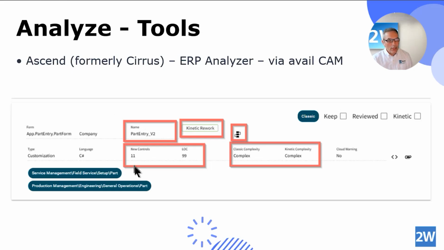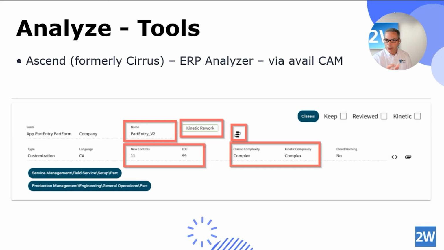There's also some more information I want to point everybody to while we're looking at this. Down here, the number of new controls. In this case, there are 11 new controls. And again, in plain English, a control is anything that is put on a form, a screen, that didn't exist there out of the box from Epicor.